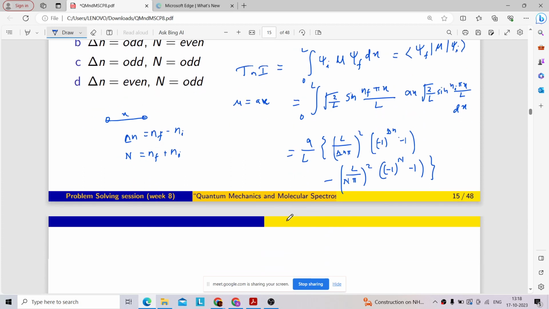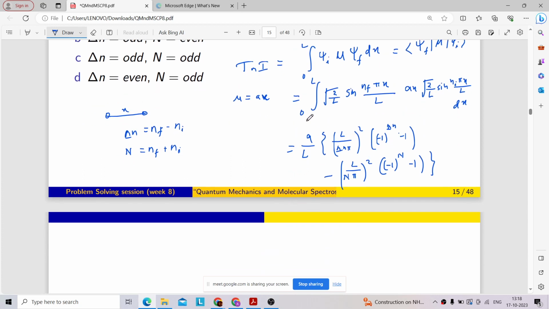So from this transition moment integral, you can identify if delta n is odd, then this will be negative, right? So in that case, the negative unit will survive. So if delta n is odd, then what will happen to capital N?